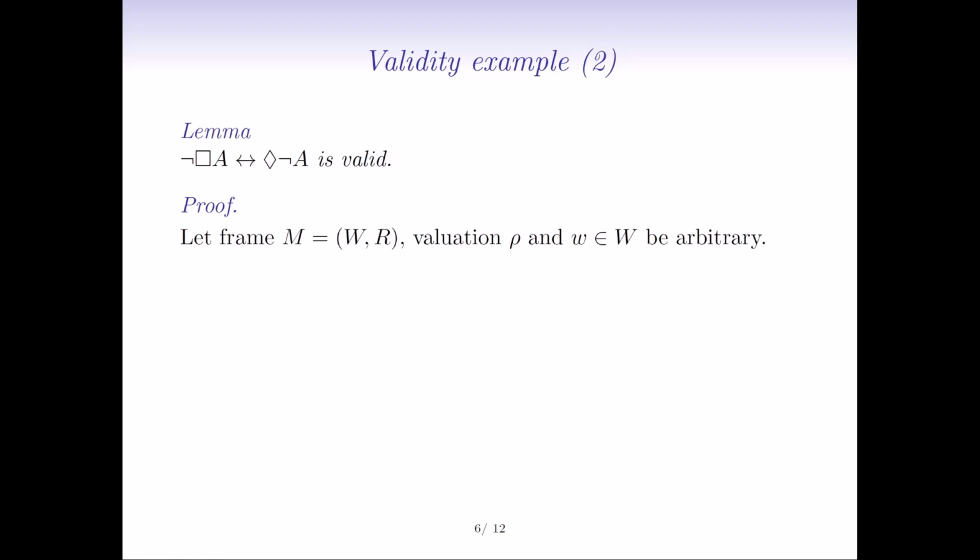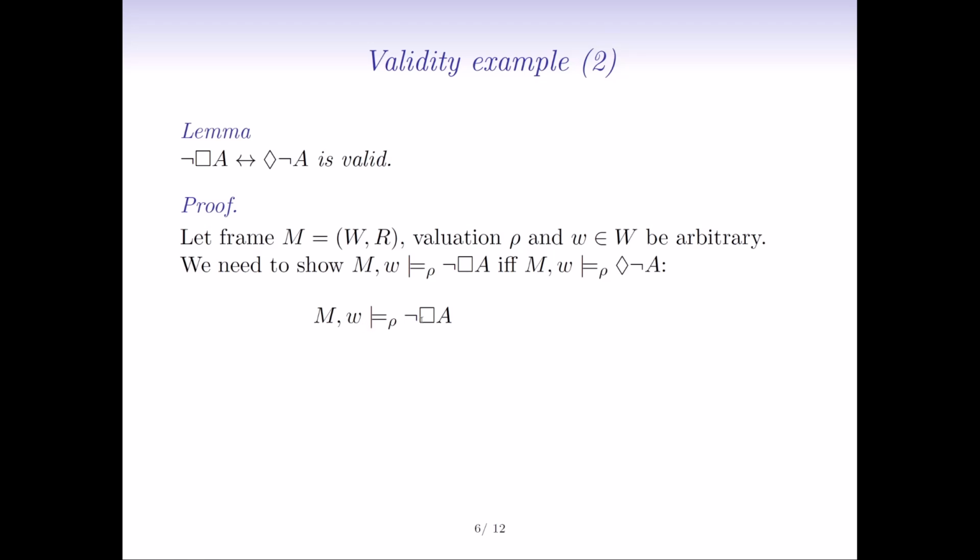So I'll take an arbitrary valuation rho and an arbitrary world W. And what I have to show for this equivalence, just breaking up the if and only if, is that the formula not box A is true at world W if and only if the formula diamond not A is true at W. In fact, we're going to be able to do this more or less just by working with the satisfaction relation directly in this case. So I'm going to start at the left-hand side and work my way over to the right-hand side using equivalences.